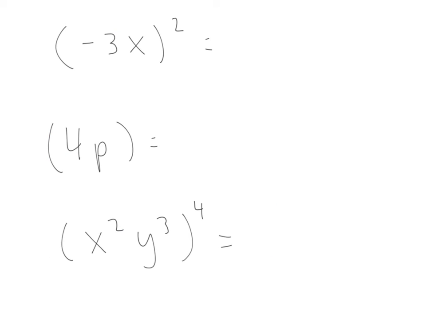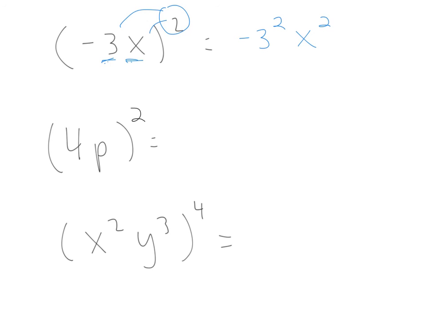Now here's where it's going to get a little tricky. We have 2 terms inside the parentheses. Because there are 2 terms in here, you need to share that 2 with both. So this is going to be negative 3 squared x squared. Forgot to put a 2 on that one.